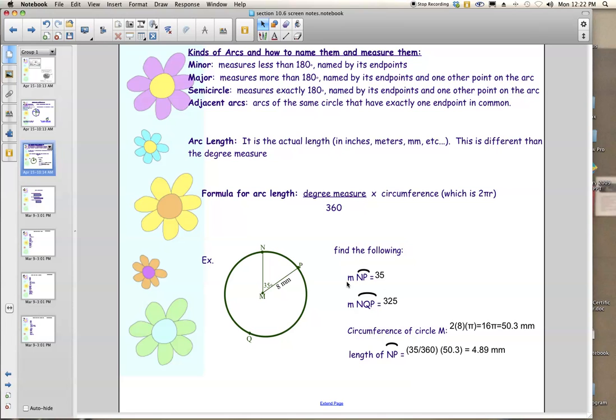Some of the kinds of questions that you're going to get would be the measure of arc NP. When I ask you for the measure, I'm asking you in degrees. So arc NP is right here. It would have the same measure as its central angle. So since the central angle is 35 degrees, the arc will be 35 degrees.